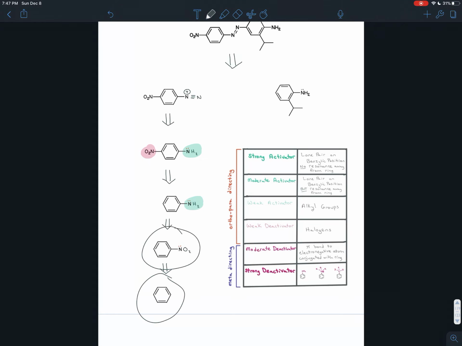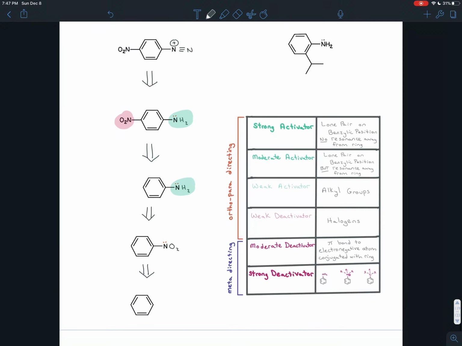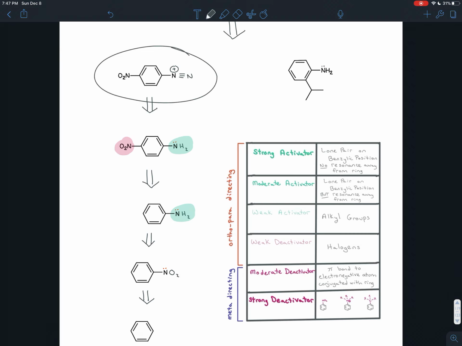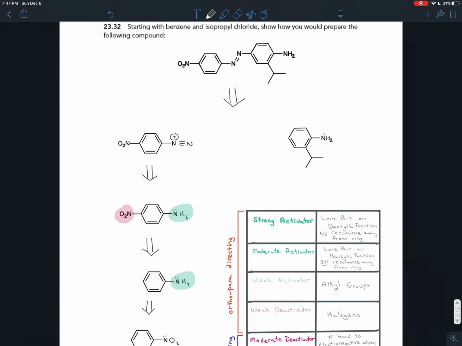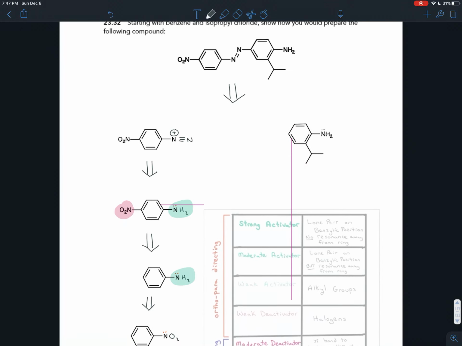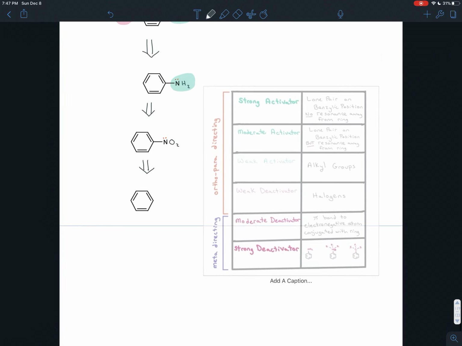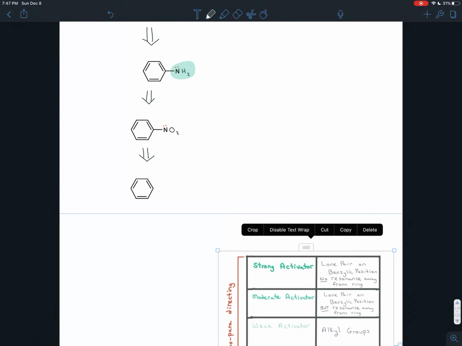If we have benzene, we can put a nitro group on it by doing nitration, and then we can reduce that in order to get this amine. Then we can add a second nitro group, para. Then we can turn the amine into a diazonium ion and do our reaction to get the azo dye. Okay, so that took care of one of the rings. Now let's think about this other ring.